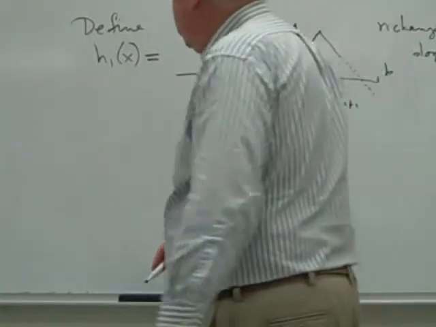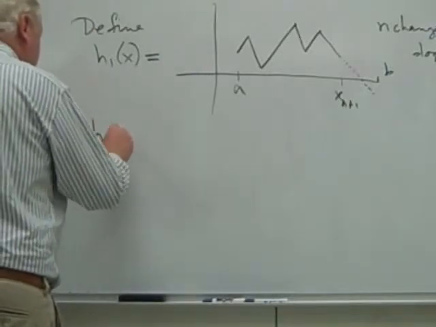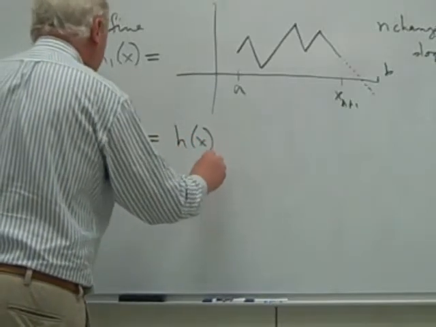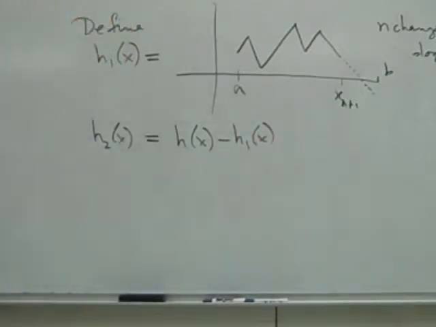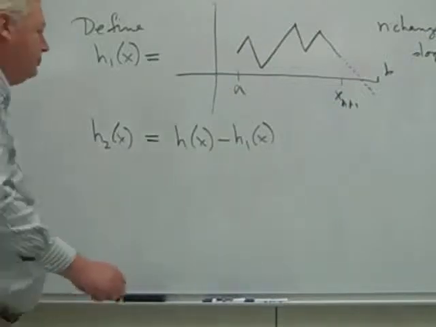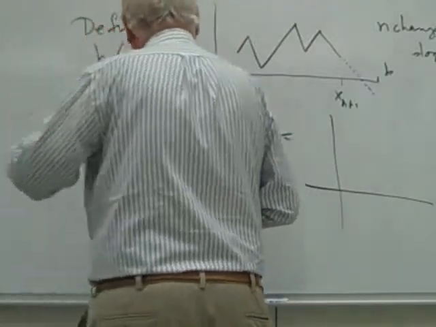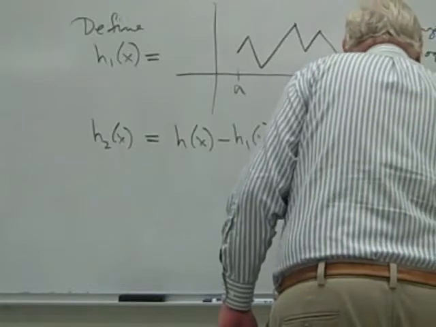So what should h2 be? It's going to be my original function h of x minus h1 of x. And what does that look like? Well, h1 and h are the same until I get to xn plus 1, so their difference is 0 up to xn plus 1.